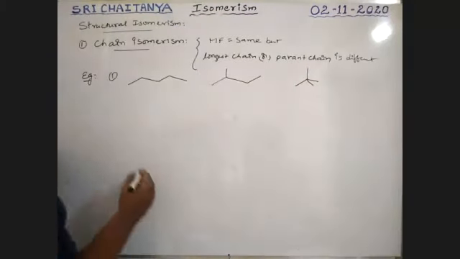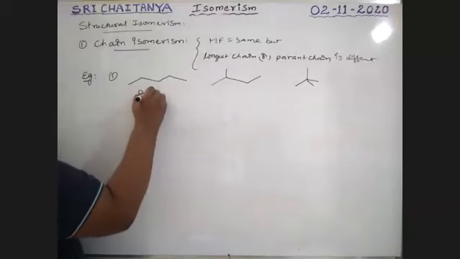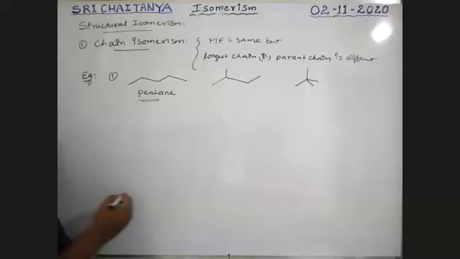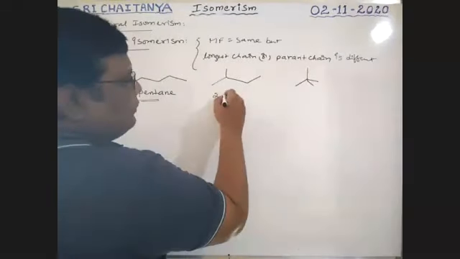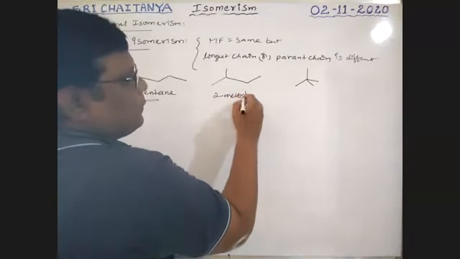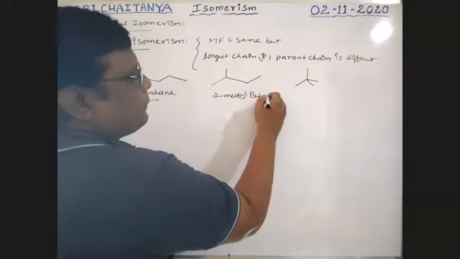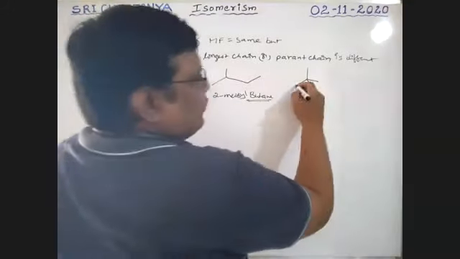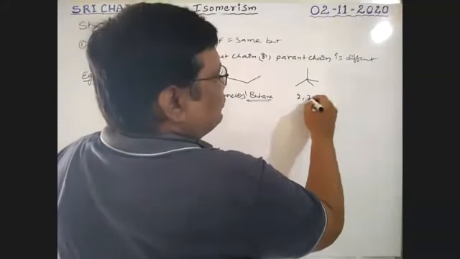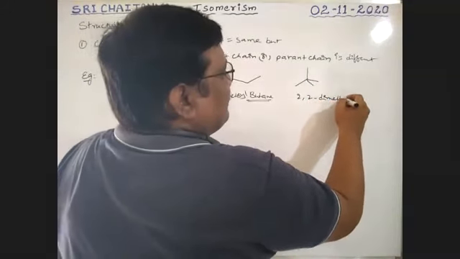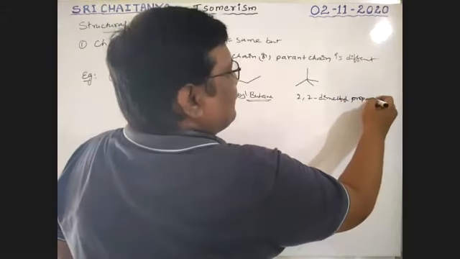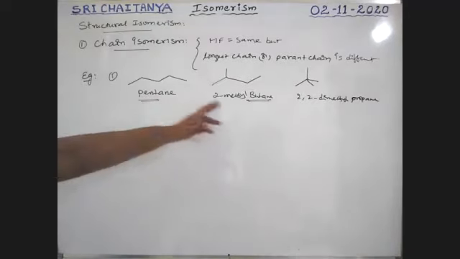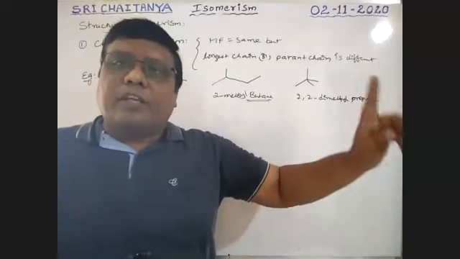It is pentane, the IUPAC name. Next, it is 2-methylbutane. Then 2,2-dimethylpropane. Therefore, IUPAC names are different, boys, but the molecular formula is the same.